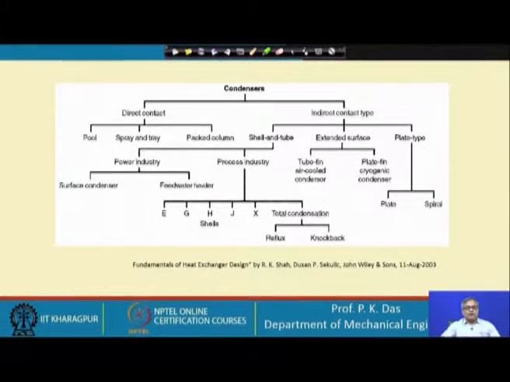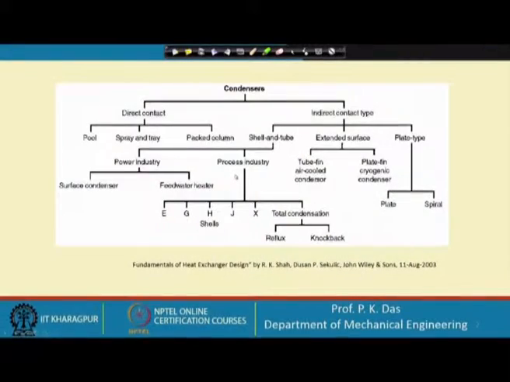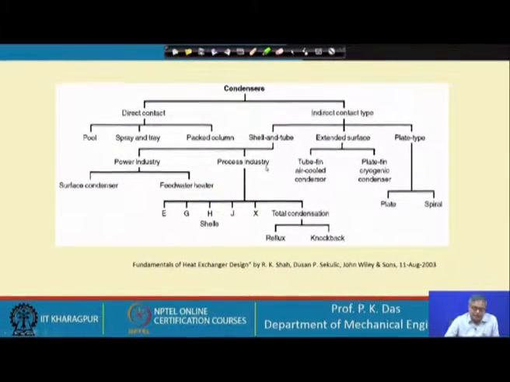Now, the question is a very pertinent question, one may ask whether the condensing fluid will be on the shell side or the cooling fluid will be on the shell side. Now, this depends on application.